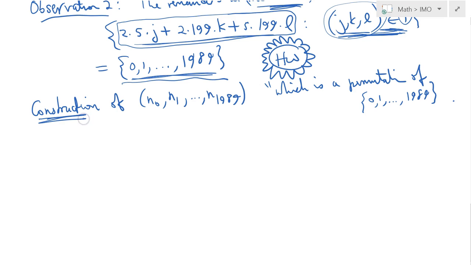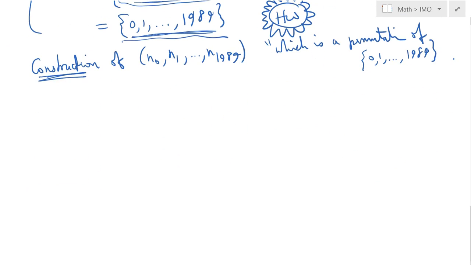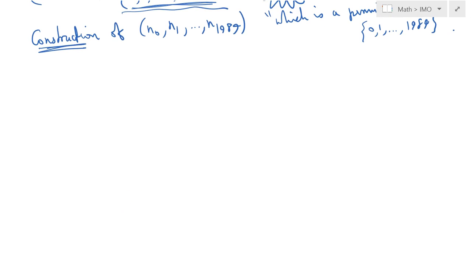So here is the construction. If you want, you can pause the video again. Try to see if you can use observation 1 and 2 to come up with an idea on how to construct it. But here it is.